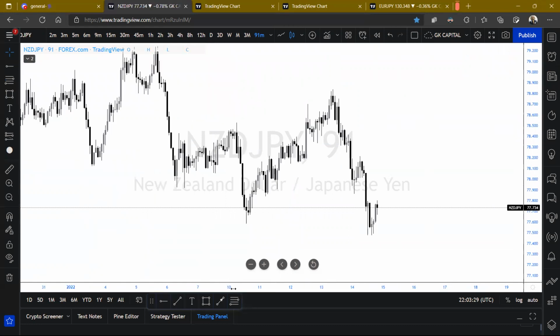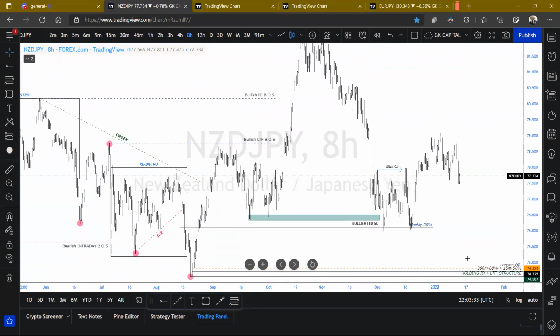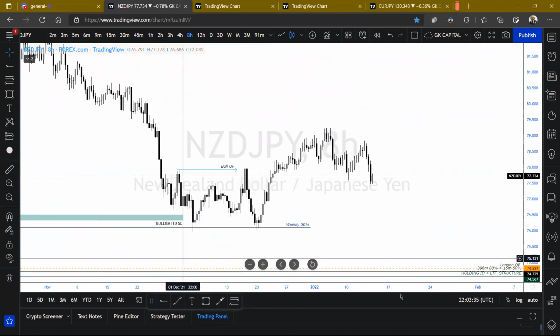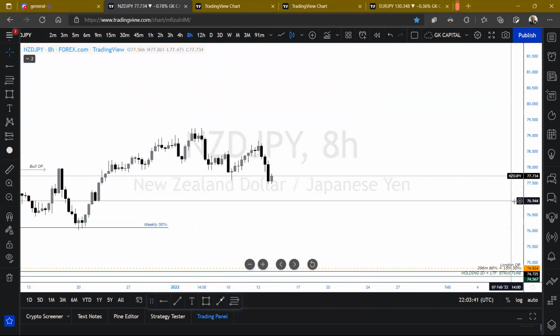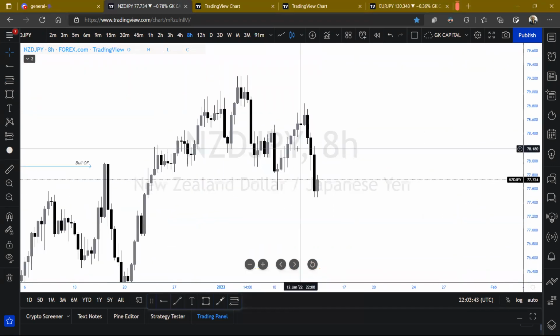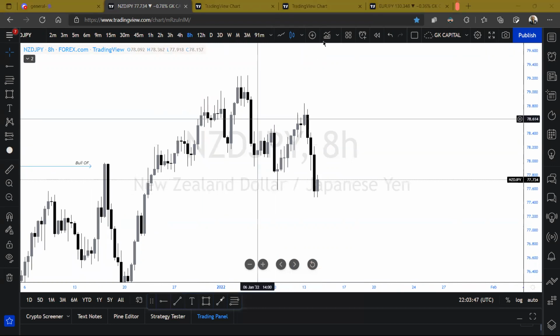So NJ, what did NJ do this week? So we started the week here, 10th. We started the week here. From the start of the week, we could see there was just this low, low, low.